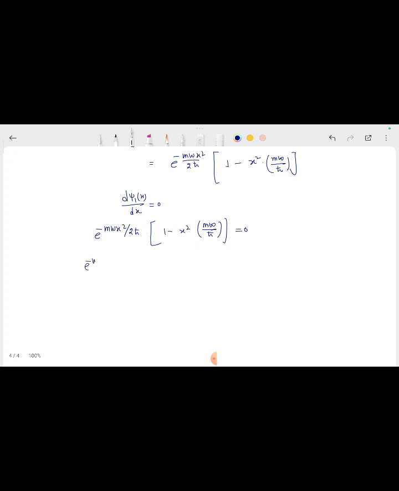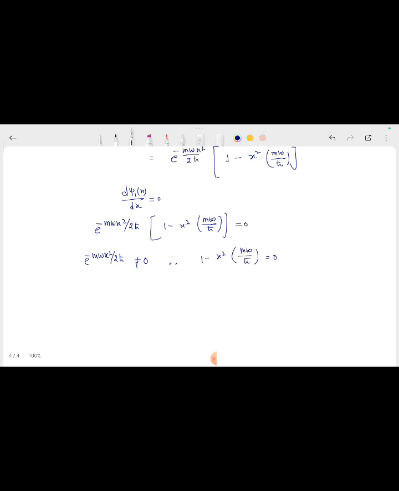So the exponential of minus m omega x square upon 2 h cut is not equal to 0, because otherwise it is not a valid condition. So it means 1 minus x square m omega upon h cut equals 0.